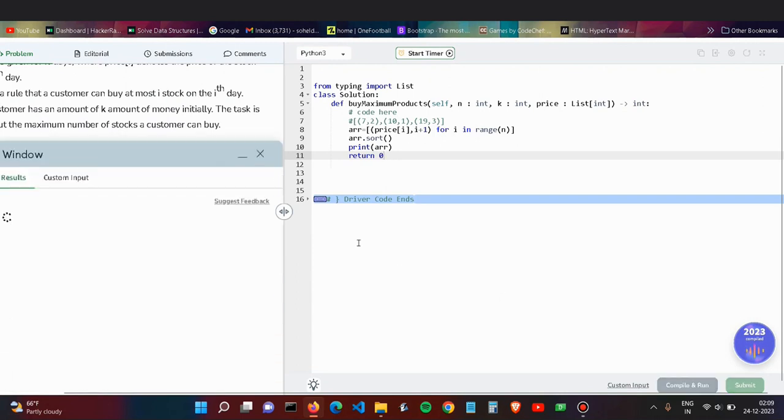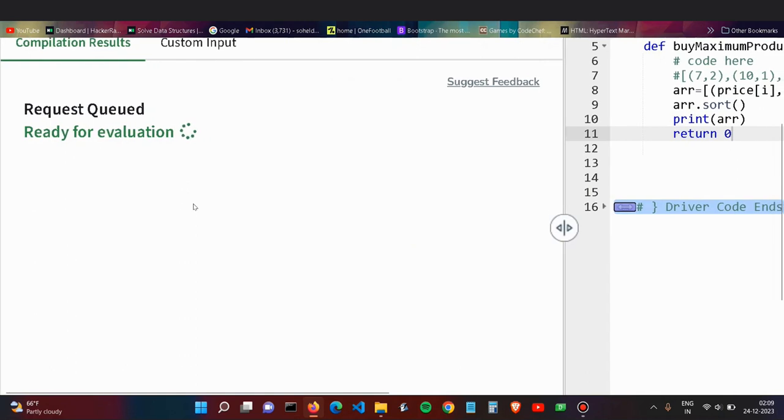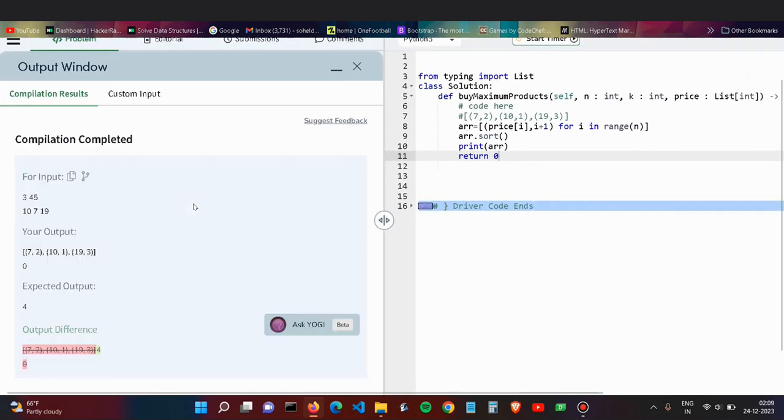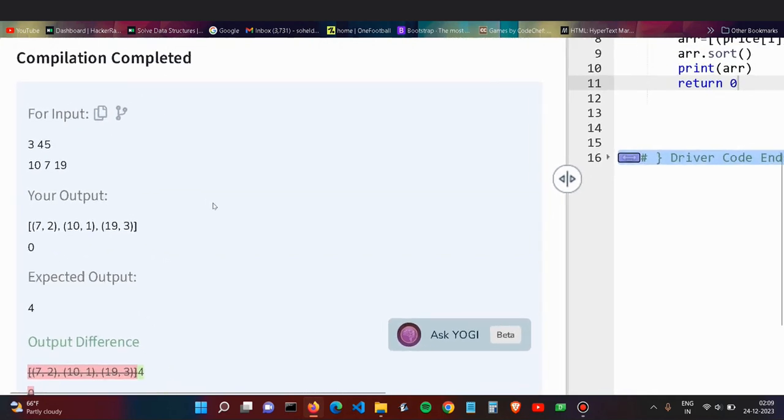We will be getting something like this: the zeroth index of the tuples will get sorted, so we get the lowest price to the highest price. Fine, we have got what we wanted.